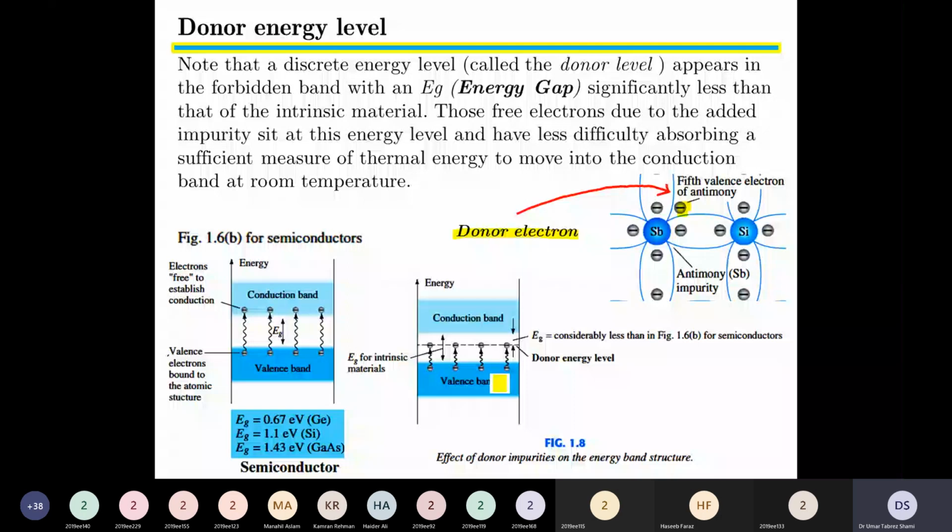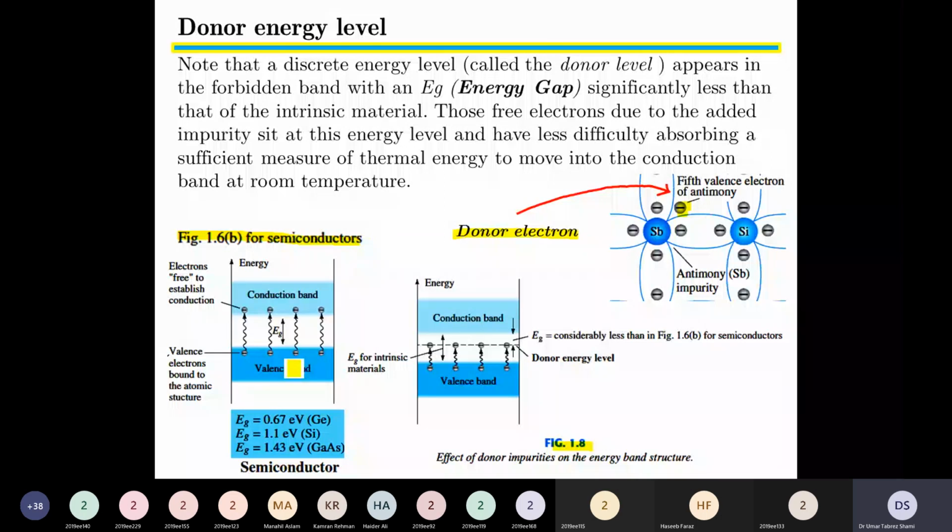Now in figure 1.8, we see the energy band diagram for doped, or extrinsic material, and for undoped, or intrinsic material. Figure 1.6 shows the energy diagram for intrinsic material.